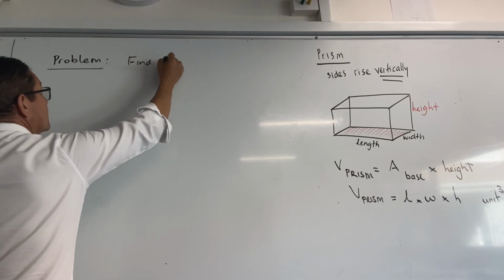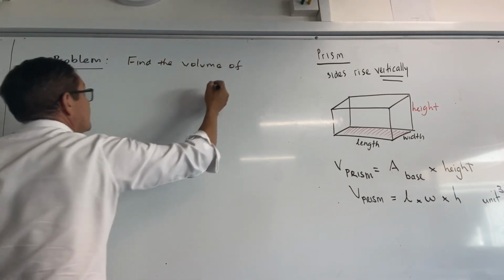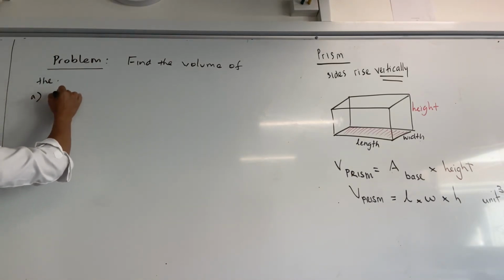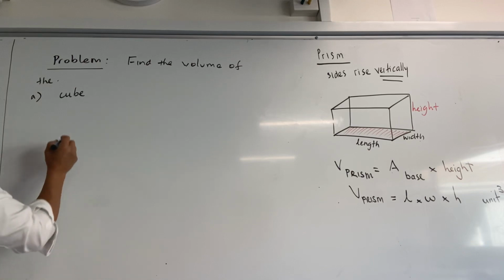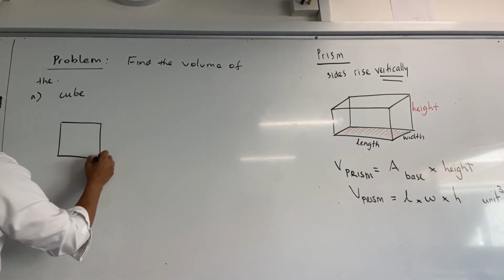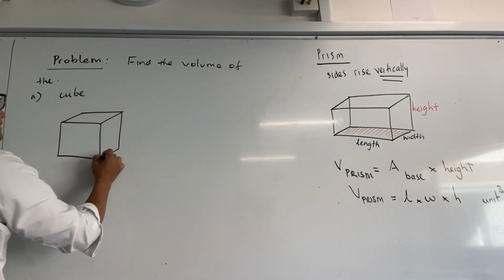So, let's do a problem. Find the volume of a cube. Now a cube is a square inside a square, like that.